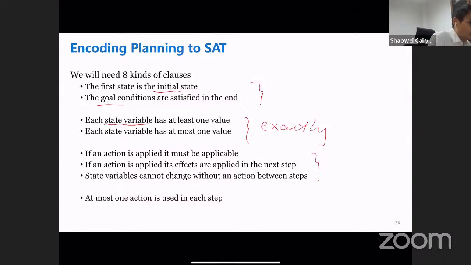If an action is applied, it must be applicable. So this one says something about preconditions. And if an action is applied, its effects must be applied in the next step. And state variables cannot change without an action supporting this change. And finally, at most one action is used in each step.